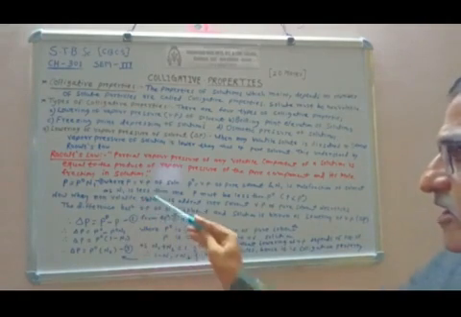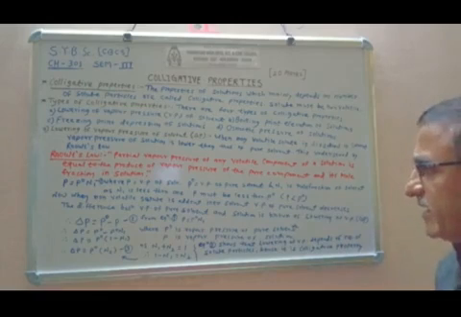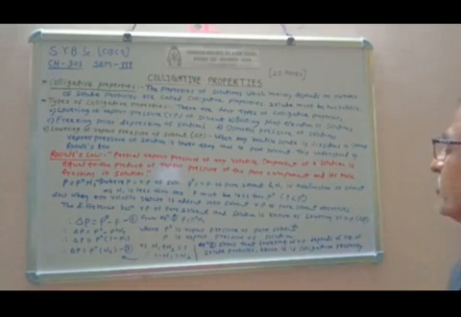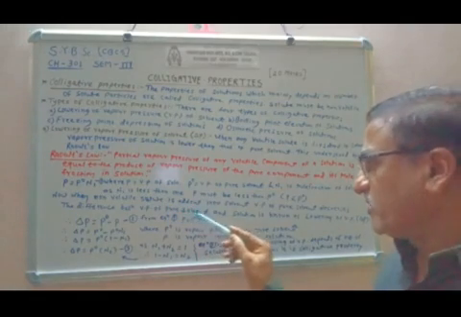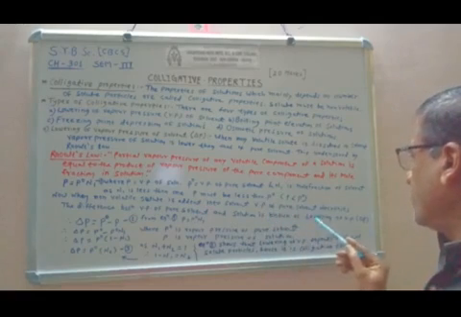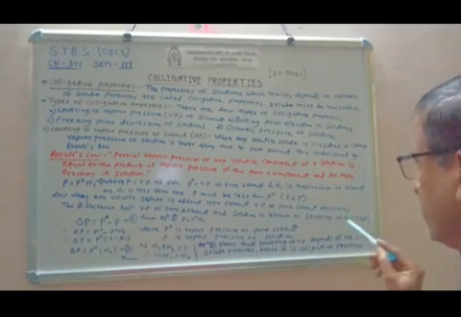When a non-volatile solute is added to a solvent, the vapor pressure of the pure solvent decreases. The difference between the vapor pressure of pure solvent and solution is known as lowering of vapor pressure, and it is denoted by delta P.